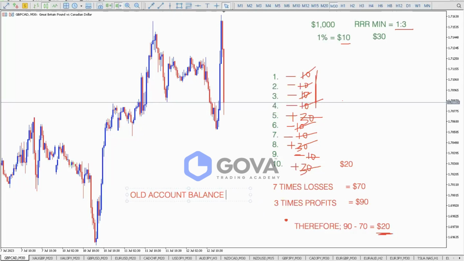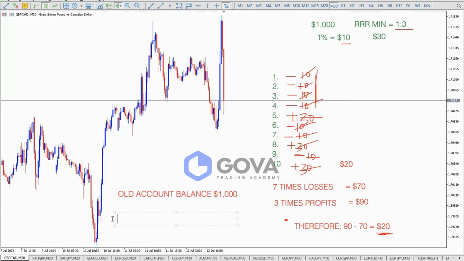The old account balance previously was a $1,000 account, but the new account balance now is equal to $1,020. You've made profit even after losing 7 times.